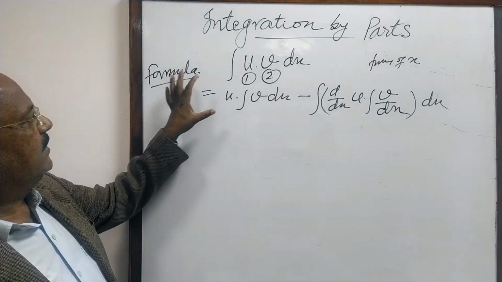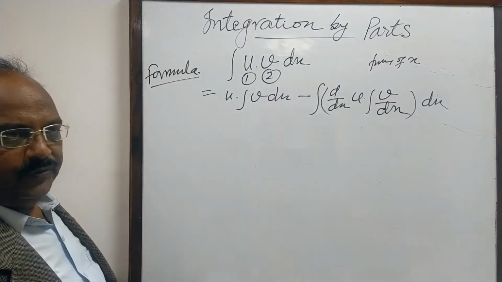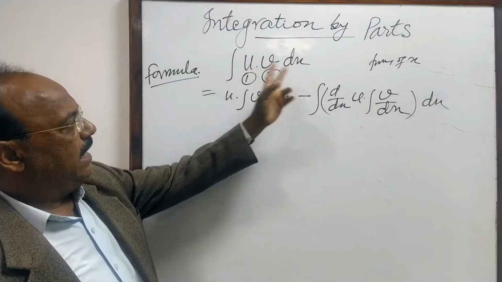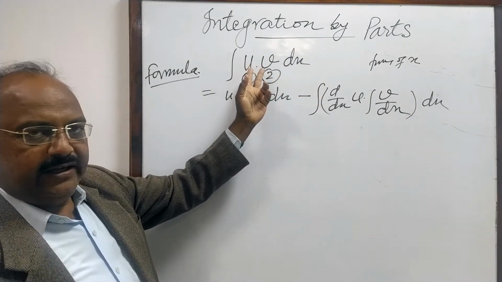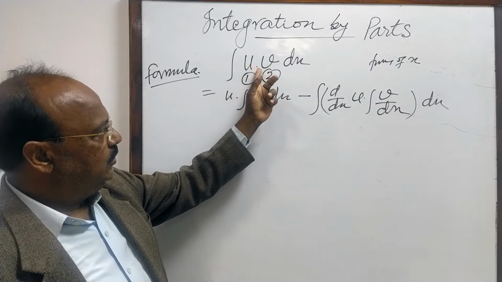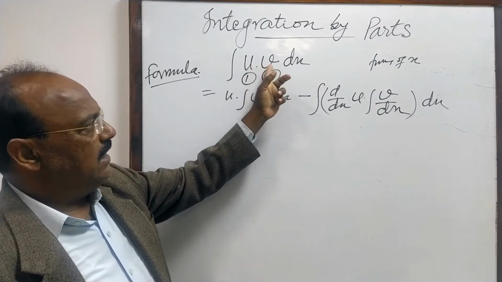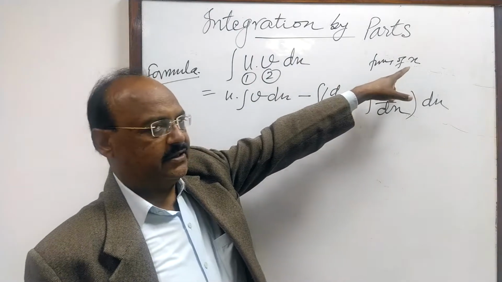So we must remember this rule, this formula, that when we have to integrate a product of two functions, here the integrand is u into v, where u and v are functions of x.